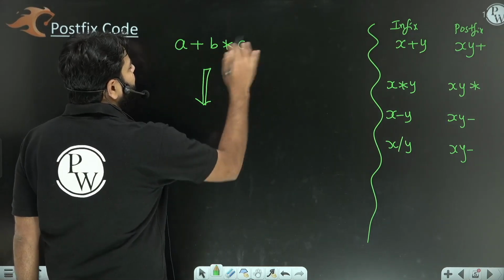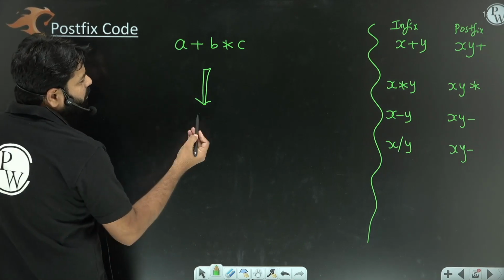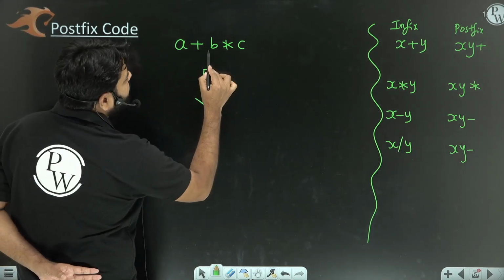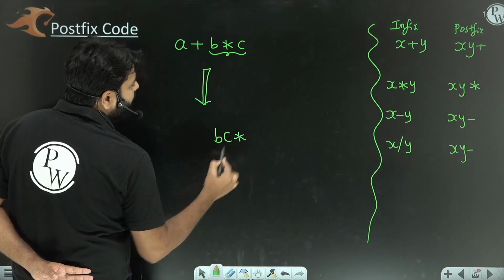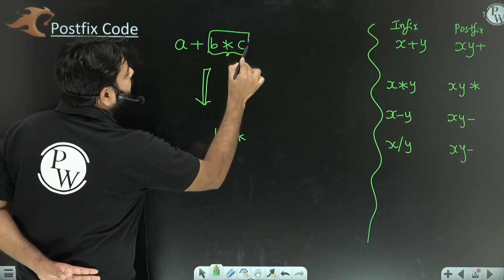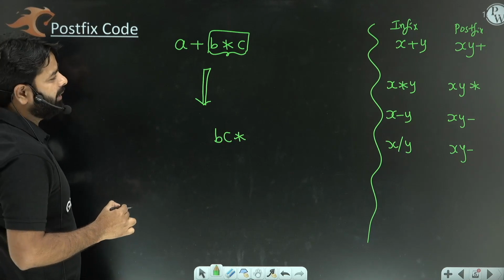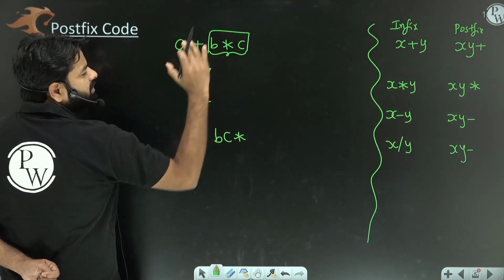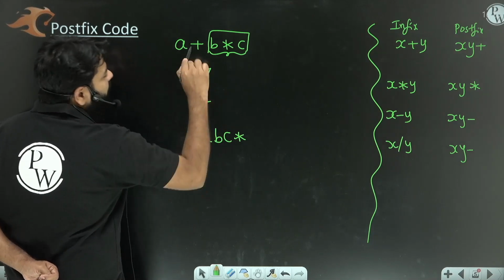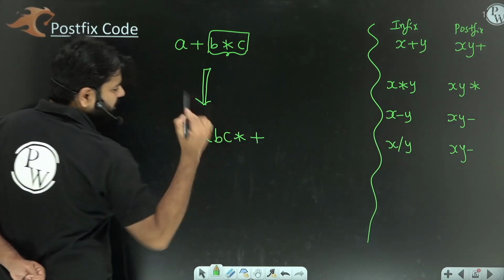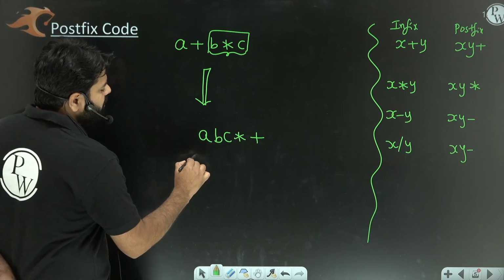Now assume this is a high level expression. Now how do you write the postfix code? And which has more precedence? Multiplication. So we'll write b c star. And now this will become one operand after performing the multiplication. Now a plus some result. What happens? A and the result, then plus we will send out. That's it. So this is called postfix code.